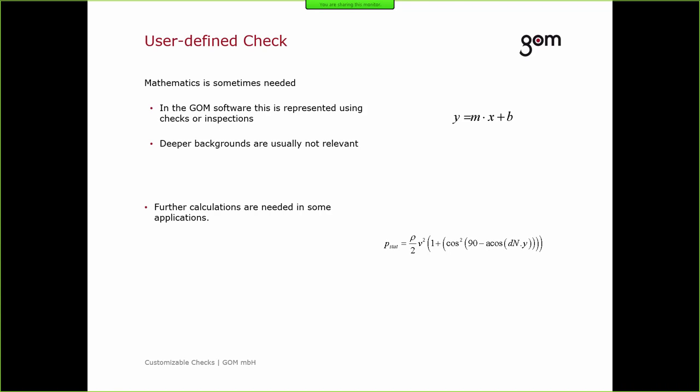Basically, you want to inspect something like a point, you construct distances, you calculate fitting elements. All this is completely implemented in the software, and you don't bother about the deeper backgrounds normally. So if you have to, you can now use these user-defined checks to help you calculate all your stuff you want to.